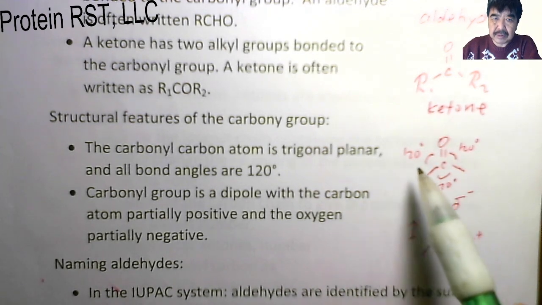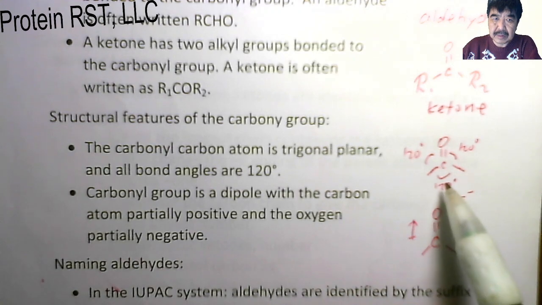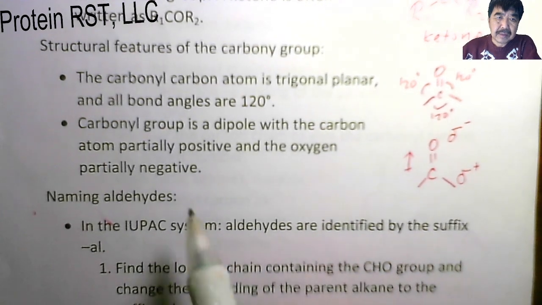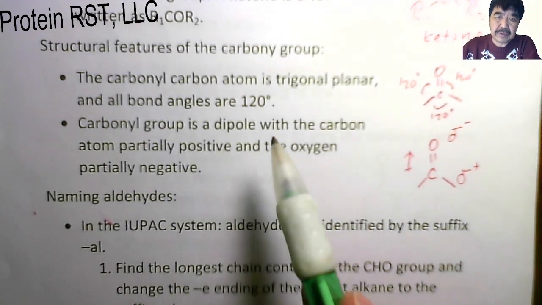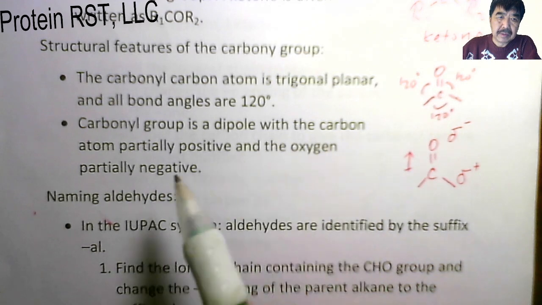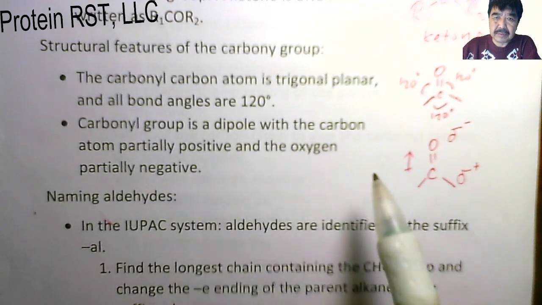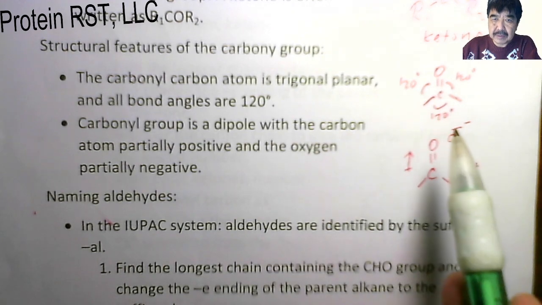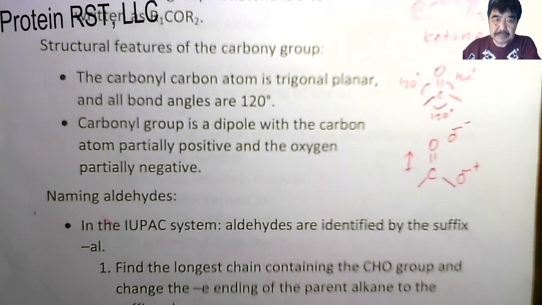So this is trigonal planar with bond angles of 120 degrees. The carbonyl group is a dipole, with the carbon atom partially positive and the oxygen partially negative.